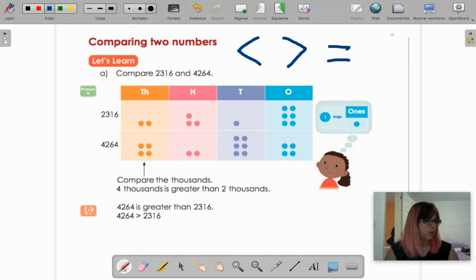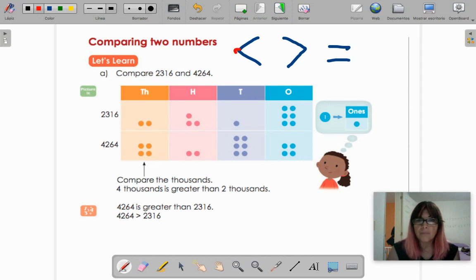This is what we are going to use today to compare your numbers. Many teachers tell you that this is like a crocodile, okay? Like the mouth of a crocodile. But I will give you another clue.